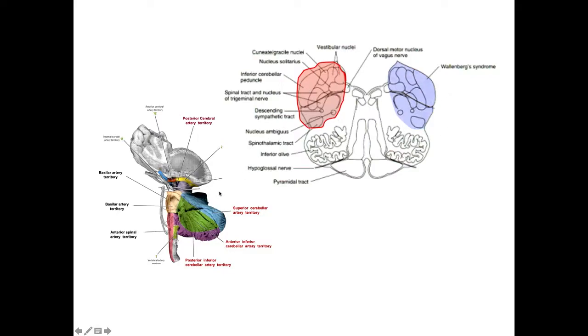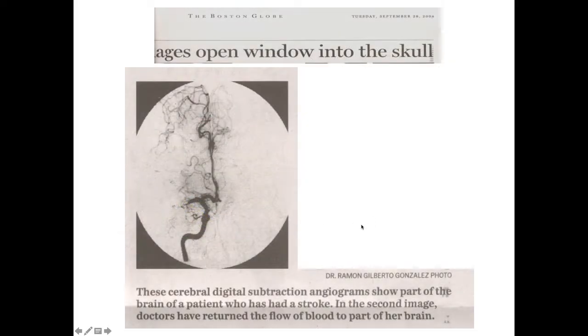That's one example of damage and occlusion that can occur, and it helps to illustrate the principle of how these different domains are fed by arteries. So we want to try to remember the names of these different arteries, and then be able to identify the different regions which they perfuse, according to our objectives.